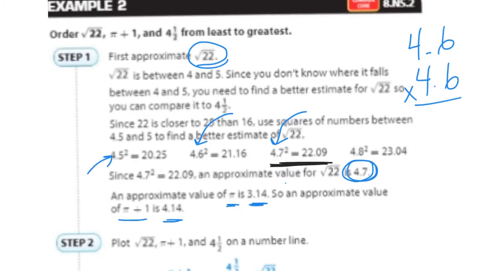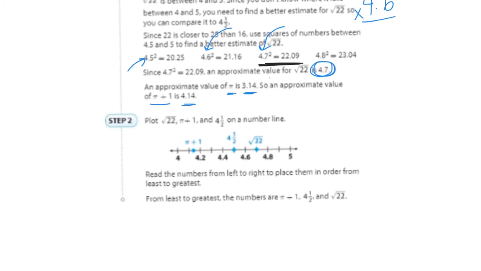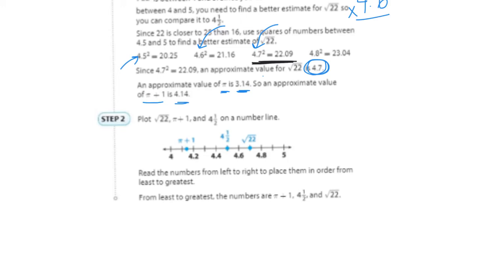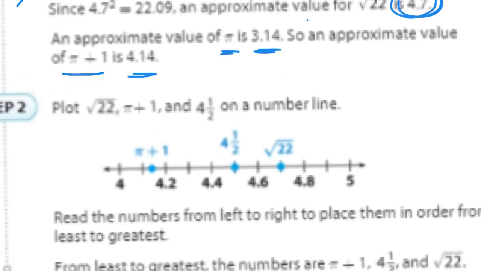All right, so using that information, they then go down to the number line that they have already plotted. And here's the square root of 22. Remember, it's about 4 and 7/10. And notice how they actually label this with the square root of 22 and not 4 and 7/10. That's what you need to do. You have to label it with the original number.